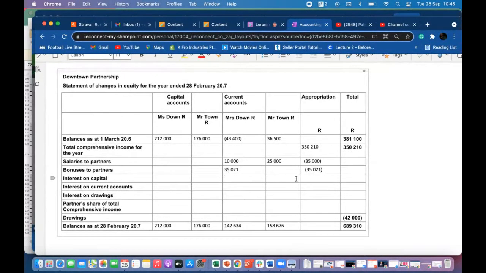Interest on capital: they both had credit balances, so we're rewarding them 15,900 and here 13,200. That obviously is reducing the amount of money that we have in the appropriation account.